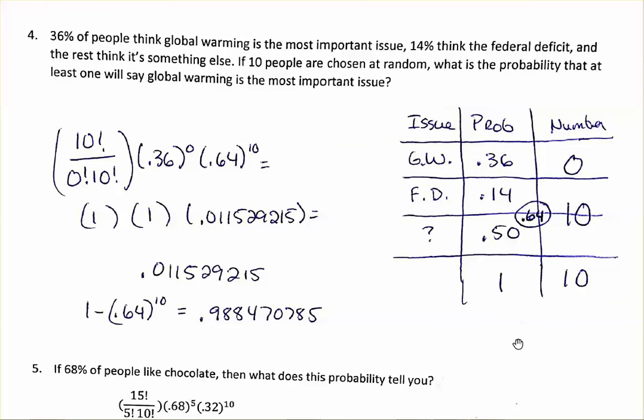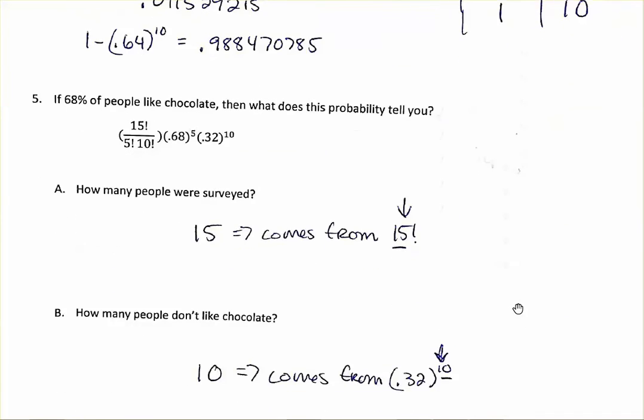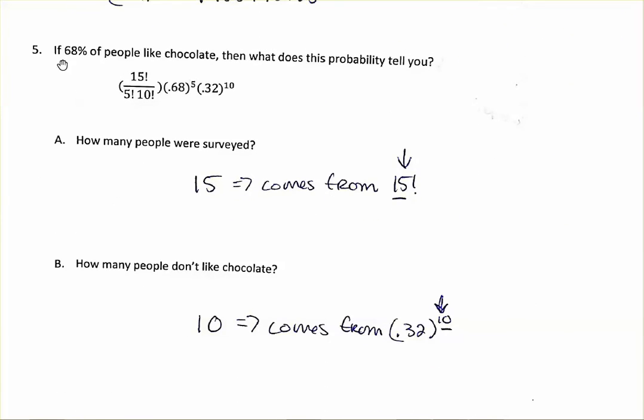Here, and these are more like what will be on the quiz: if 68% of people like chocolate, what does this probability tell you? How many people were surveyed? Remember, this number is our total n.